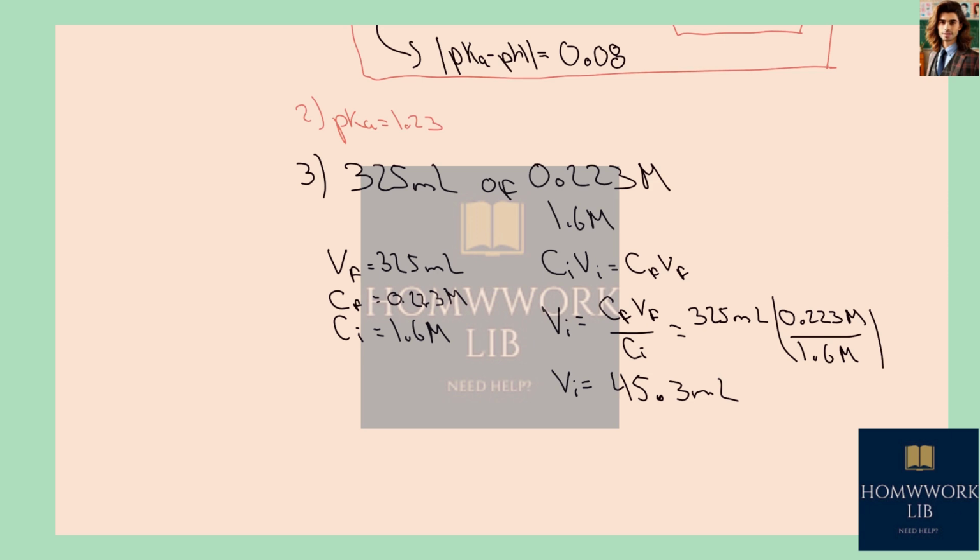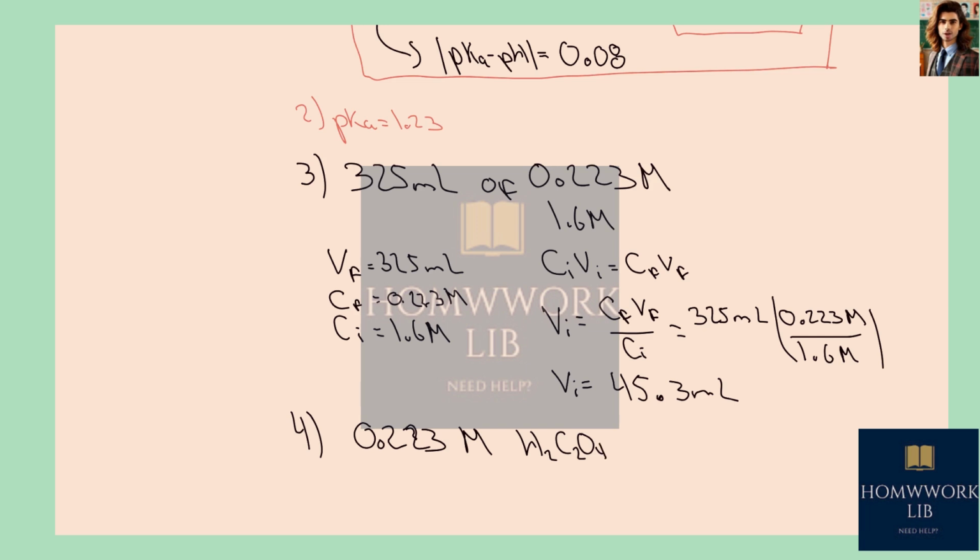And finally, in part 4, what is the pH of the solution made in question 3? Of course, this is not going to be a buffer, but a solution that is 0.223 molar of oxalic acid.